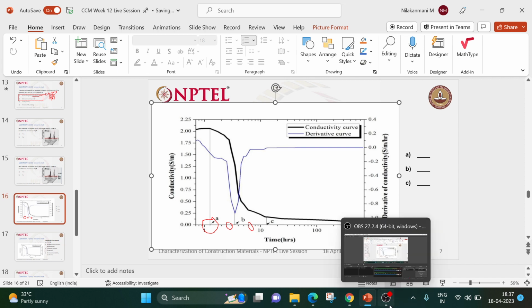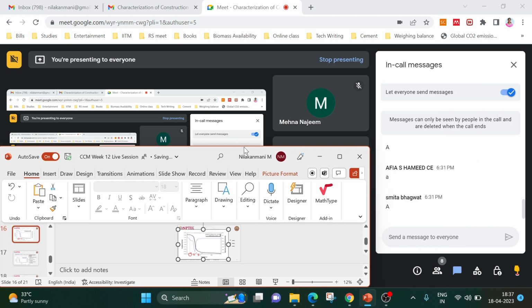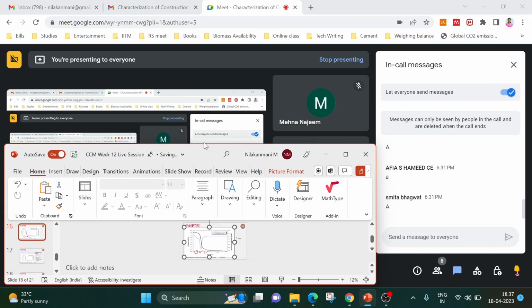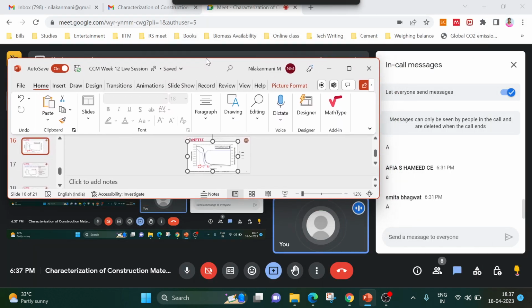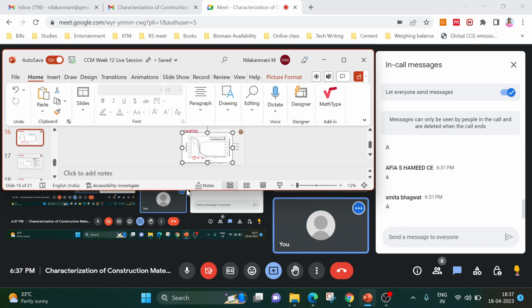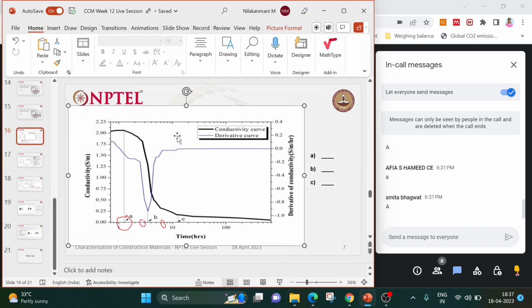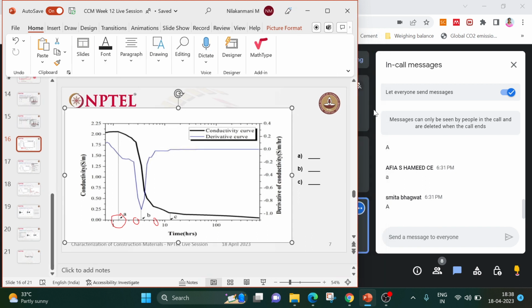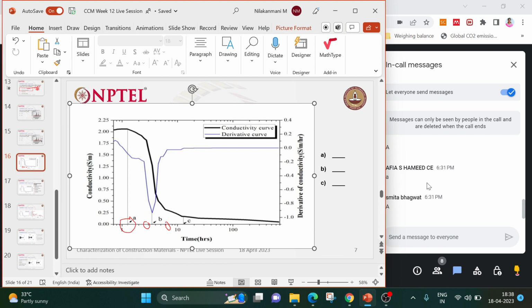I've maximized the graph size. Please type your answers.